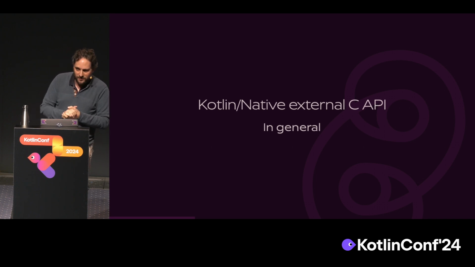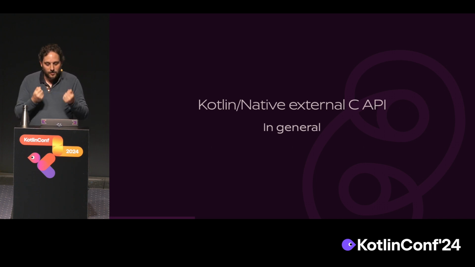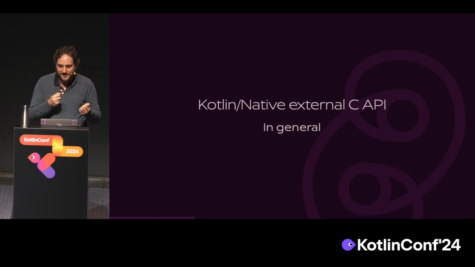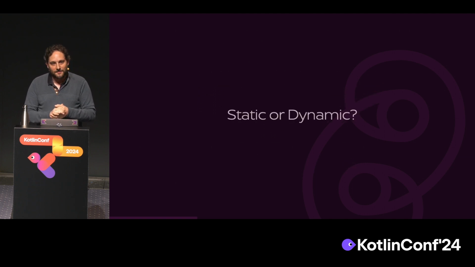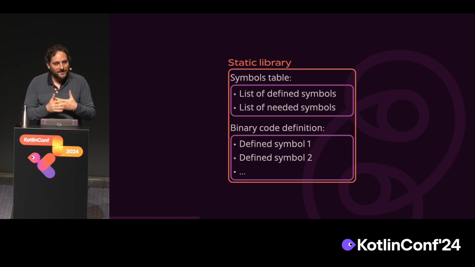And the first question you need to ask yourself when you're going to import a native external C library into your Kotlin Native application is, do you use static or dynamic libraries? It helps to understand at a very high level what the difference between a static library and a dynamic library is. A static library is just a table.